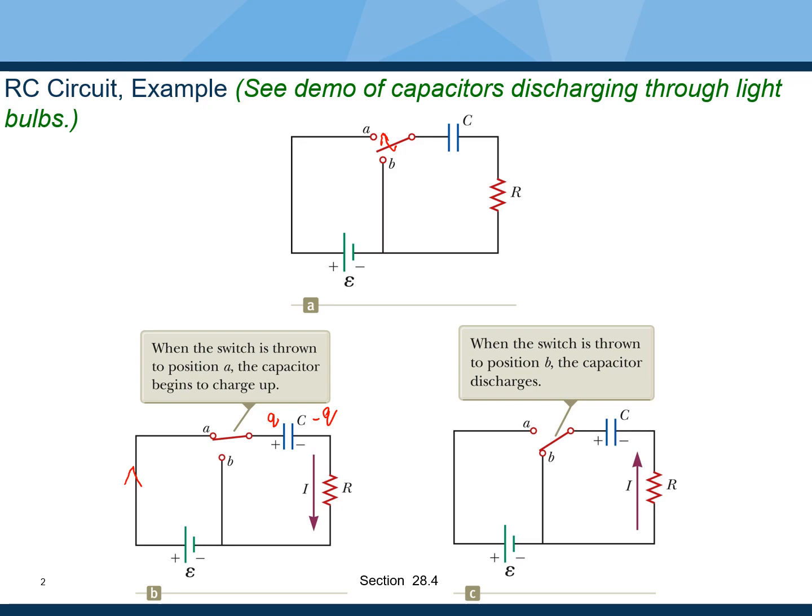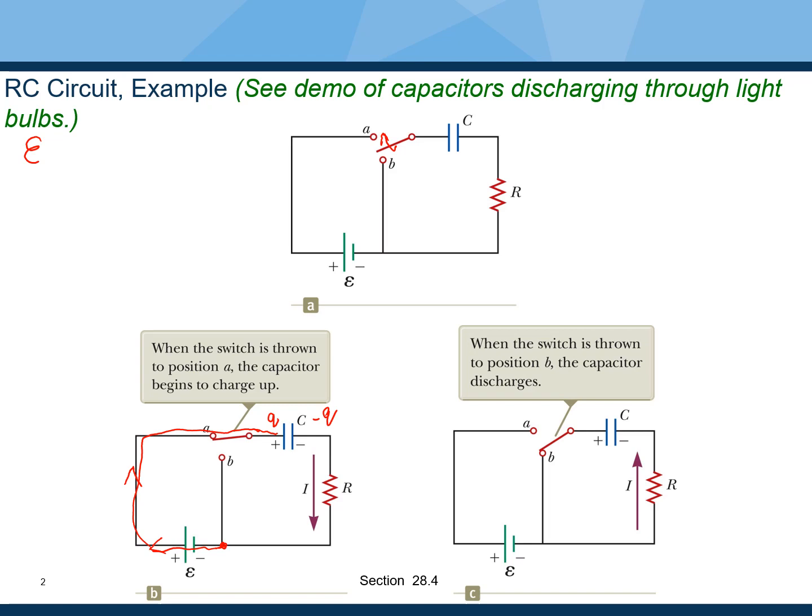Let's ask if we can write out Kirchhoff's law for this situation. If we start here and go through the battery in the clockwise direction, we have a voltage rise given by E. Then we go around to the capacitor, and the capacitor has been in the circuit for a little bit, so it has been charged up by a little bit, with a charge of plus Q and minus Q on its plates.